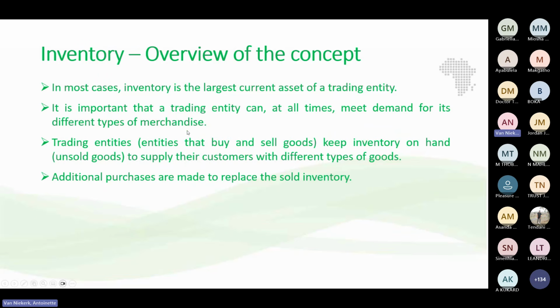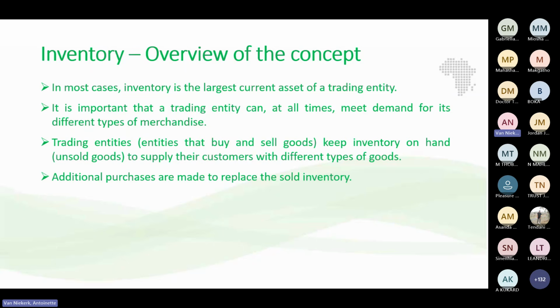Then, overview of the concept inventory. In most cases, inventory is the largest current asset of a trading entity. It's important that a trading entity can at all times meet demand for each different type of merchandise.